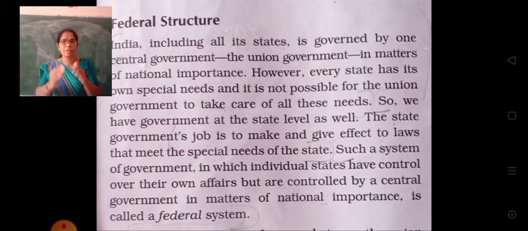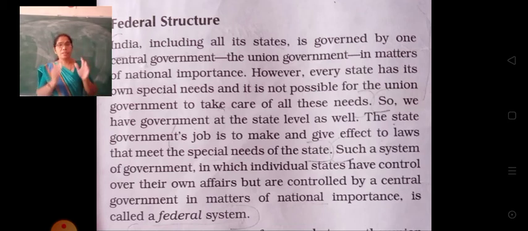At the union level we have a government, but at the state level we also have governments to look after the needs of the people, since the central government cannot look after every citizen.